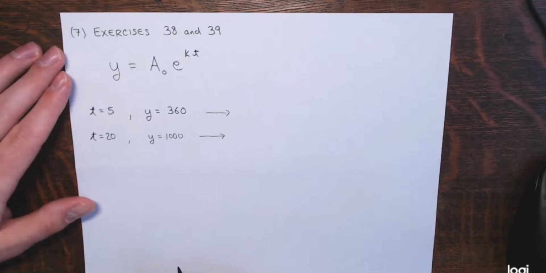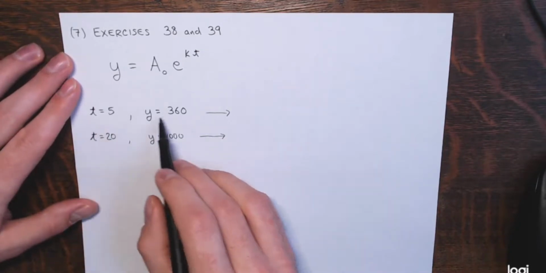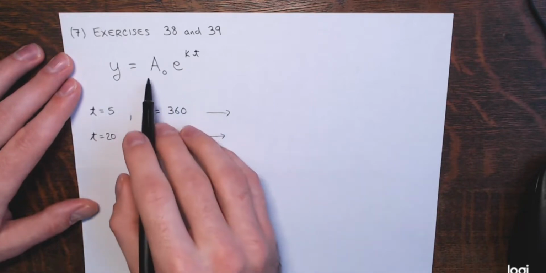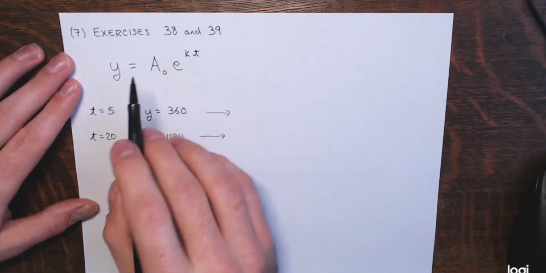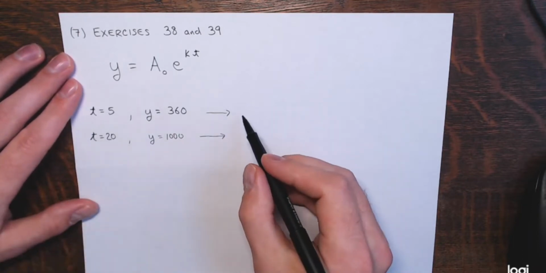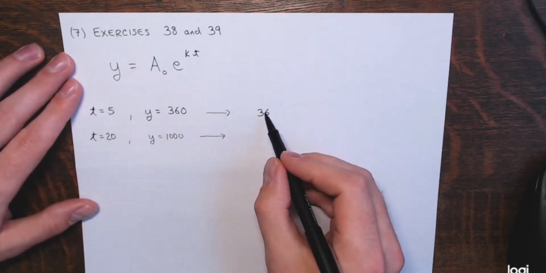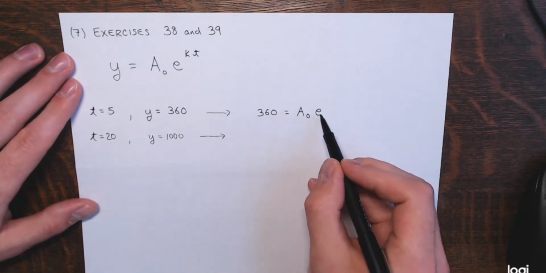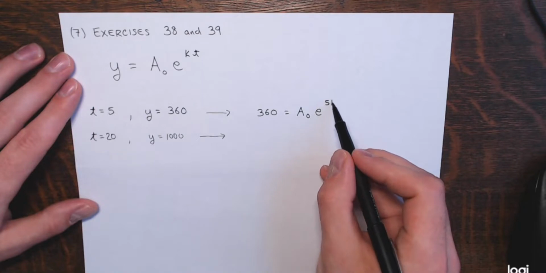What we're going to see here is actually a system of equations: two equations with two unknowns, a0 and k, and we can use it to find them. So here we have 360 equals a sub 0 times e to the 5k.